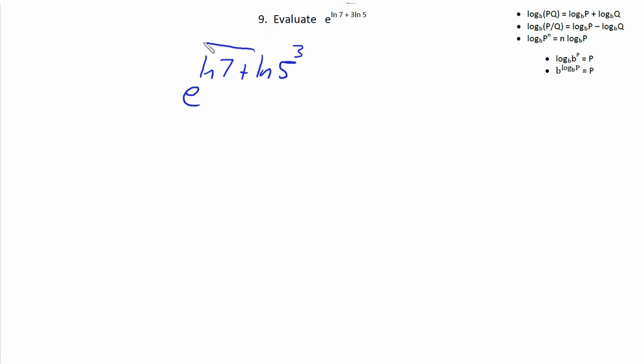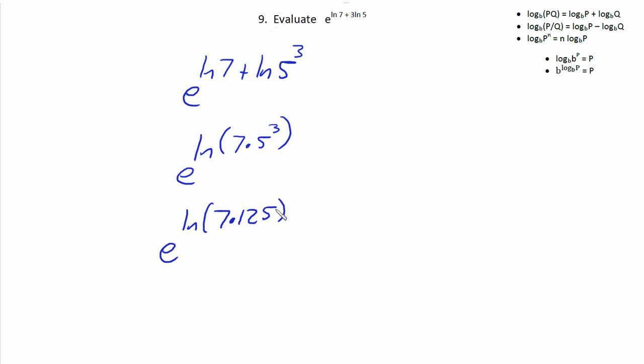Next, I've got an addition of 2 logarithms. I'm going to condense those into 1 logarithm through multiplication. So 7 times 5 cubed, the natural logarithm of that quantity. And 5 cubed is 125. So I have e to the ln of 7 times 125.